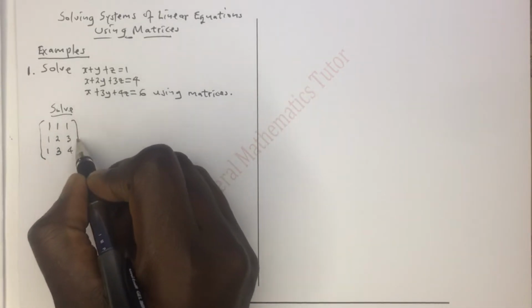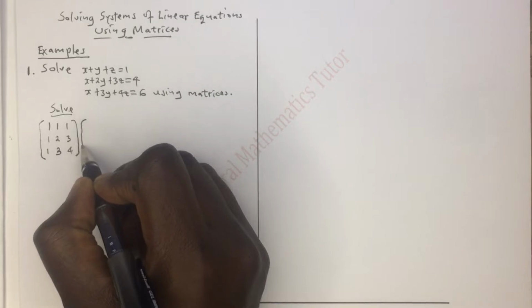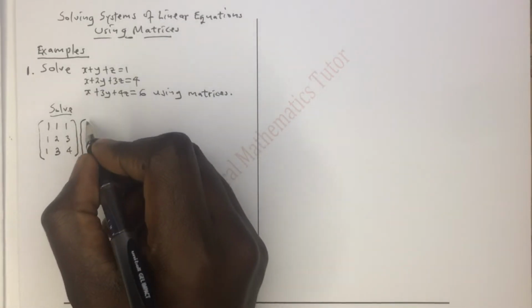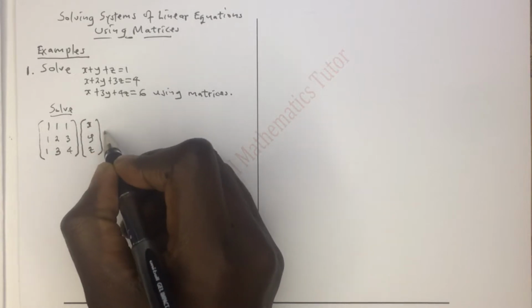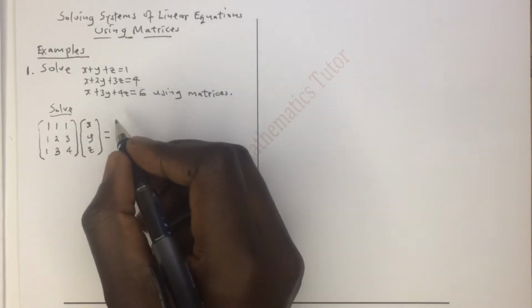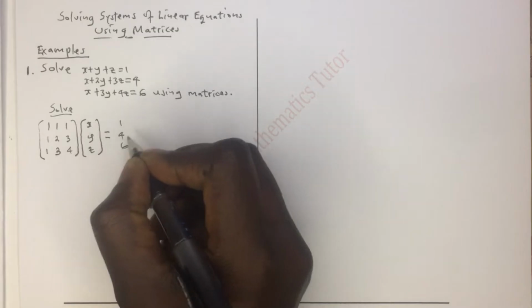So that is the matrix of the coefficients. Then the other one is the matrix of the unknowns, that is the variables x, y, and z. Then finally we have the one for the results, that is 1, 4, 6.